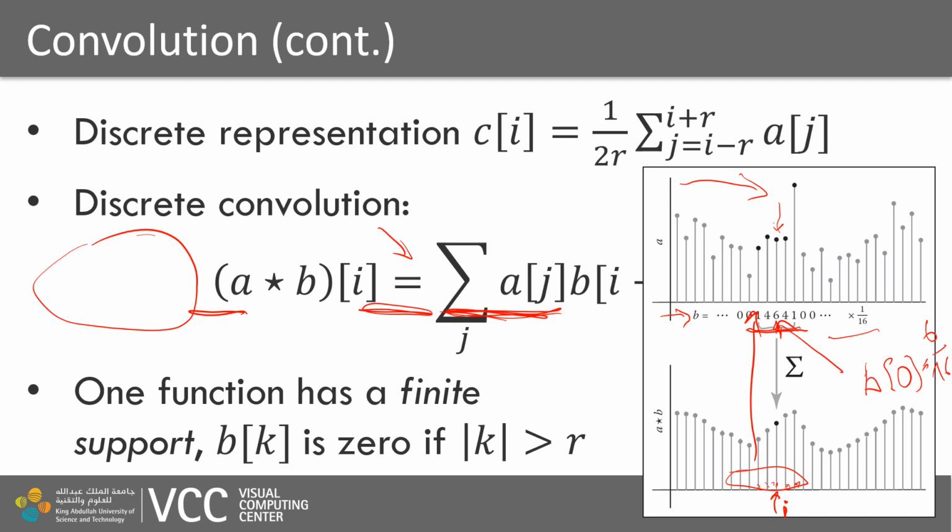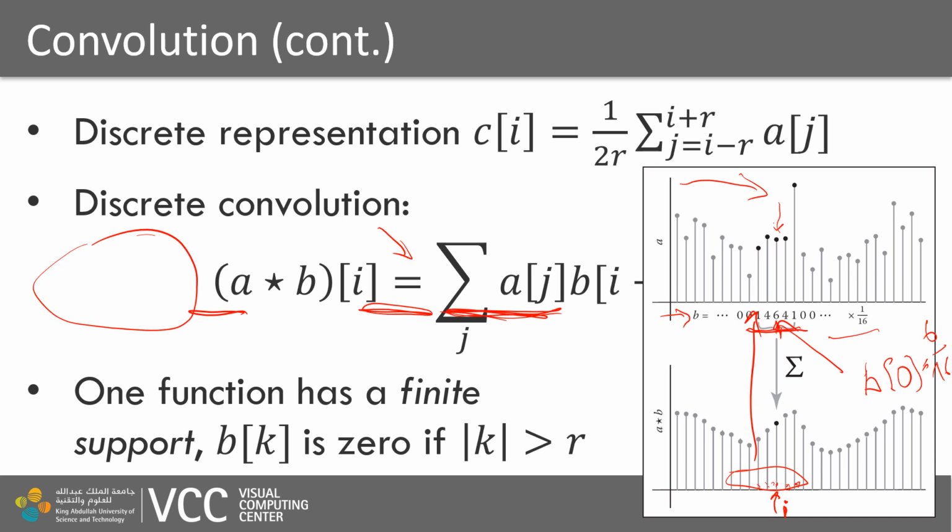And outside, for example, B minus 10 or B plus 100 is equal to 0. And any value outside B minus 2 and B plus 2 is equal to 0.